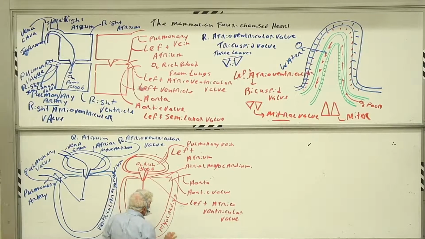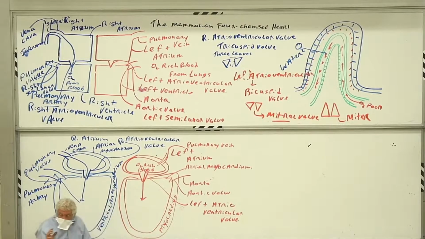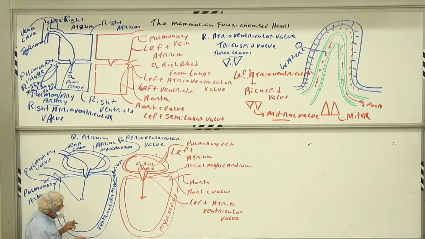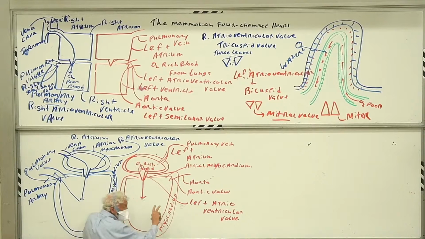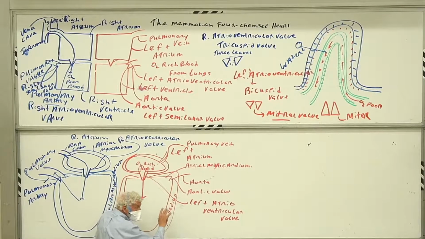Now, I'll mention this here, and we'll come back to it a little later. What we're going to do here is take the myocardium on the left and the myocardium on the right, and it's going to contract almost simultaneously.